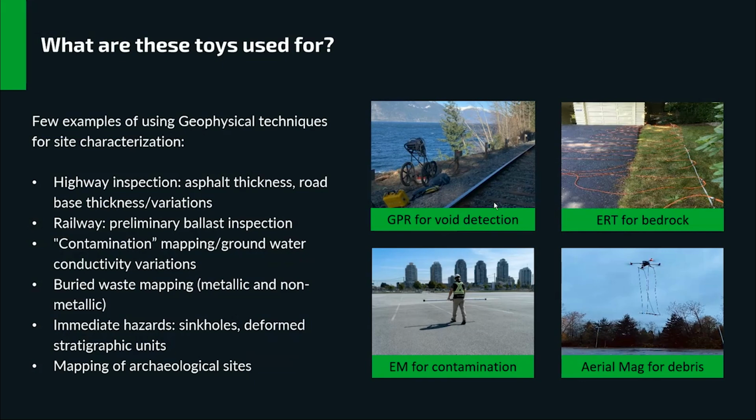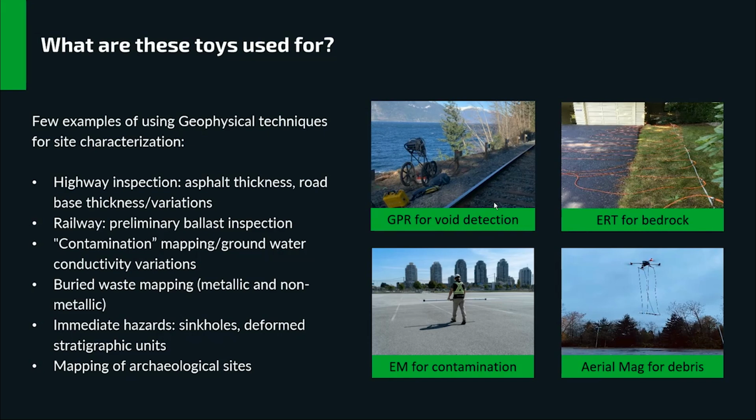But geophysical techniques are typically used for, and I'm just going to give a few examples: highway inspections, for example, asphalt thickness, road base thickness, and variations. Rail, most importantly for ballast inspection. This is mostly GPR, but resistivity surveys are also used for ballast inspection, even void detection in train lines, depending on where it's located.